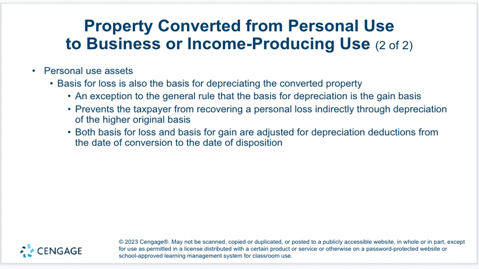There's an exception to the general rule that the basis for depreciation is the gain basis. It prevents the taxpayer from recovering a personal loss indirectly through depreciation of the higher original basis. And both basis for loss and basis for gain are adjusted for depreciation deductions from the date of the conversion to the date of disposition.